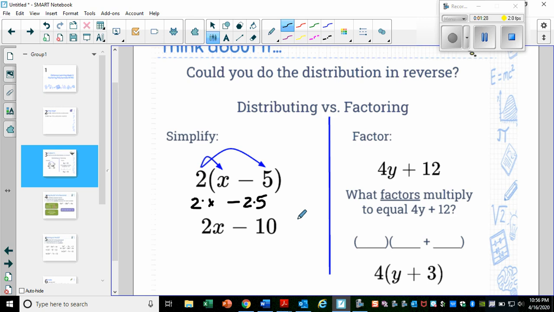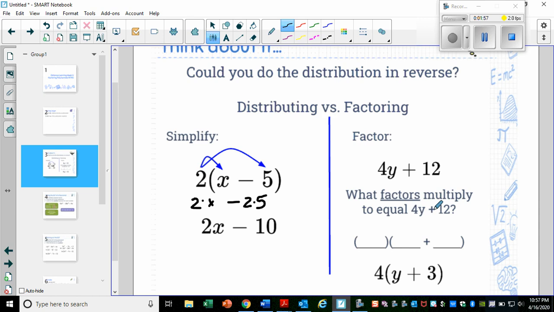Now, what about going in reverse? So now we need to factor 4 times y plus 12. So now we need to figure out what factors multiply to equal 4y and 12. Well, we need to figure out a common factor. So turns out 4 and 12 are both divisible by 2.